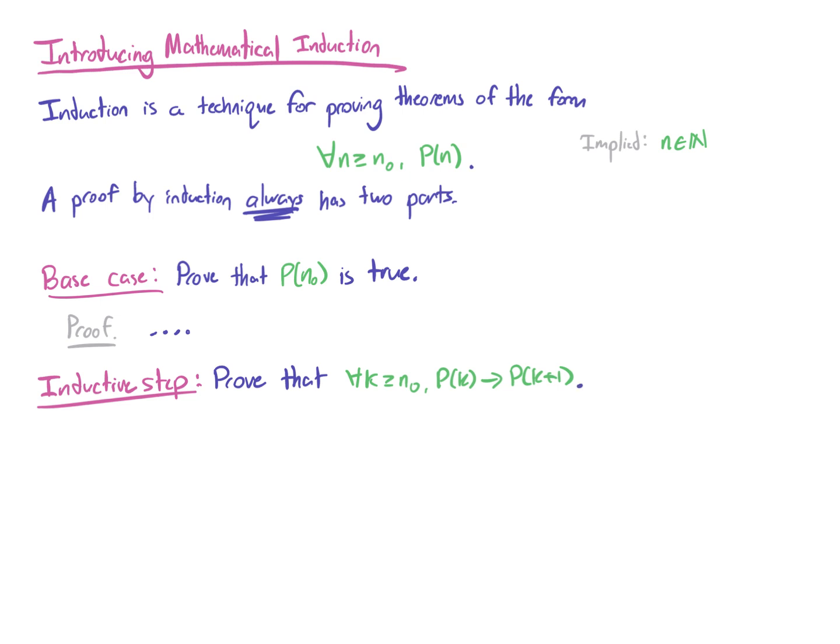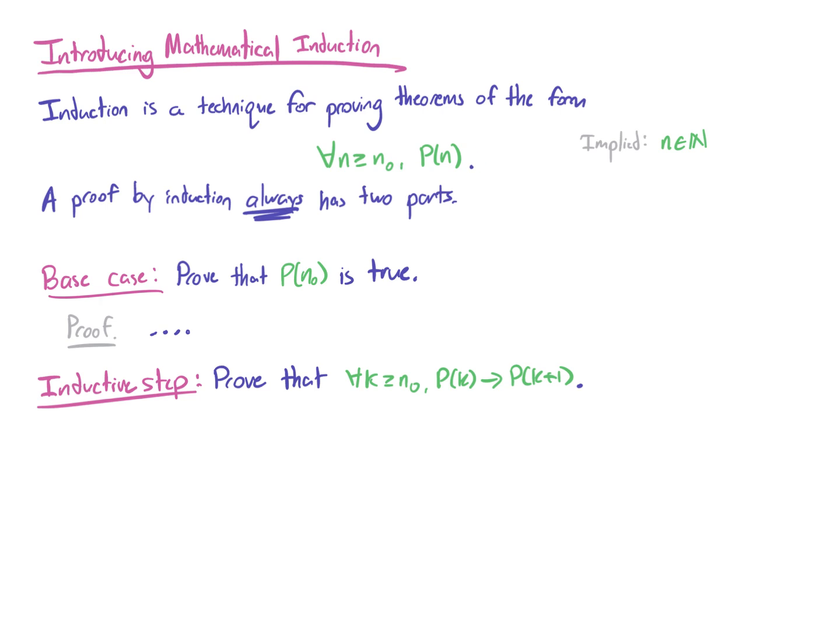So the idea of mathematical induction is that if I can prove both of these, that P of n naught is true and that for any integer k, if P of k is true, then P of k plus 1 is also true, then I've proven my theorem: for all n greater than or equal to n naught, P of n is true.